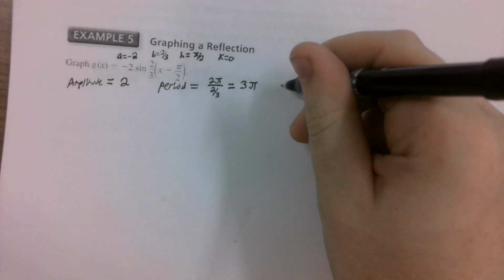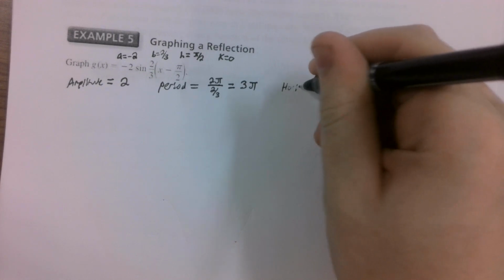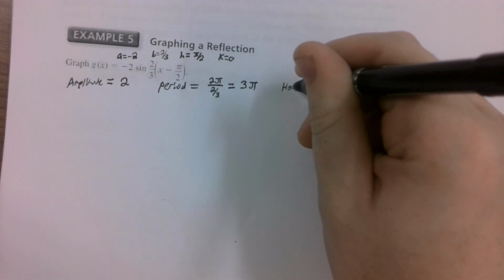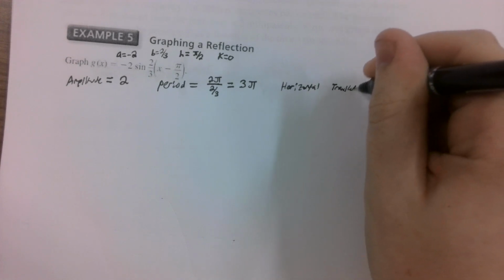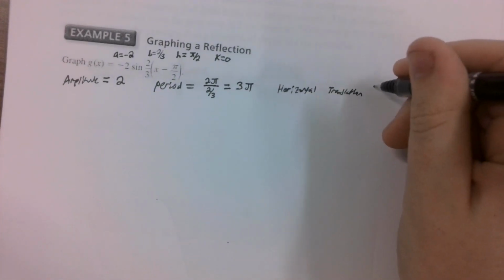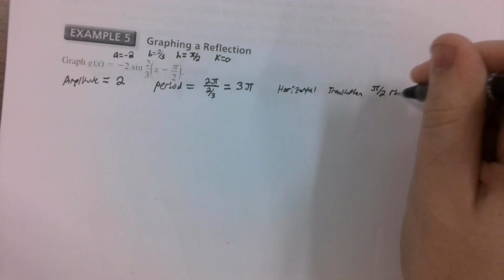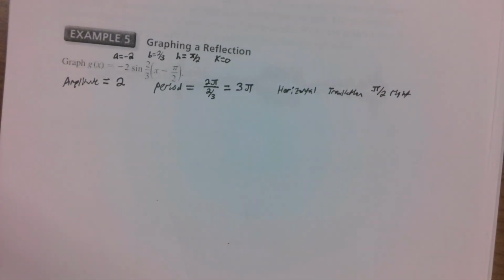Our horizontal shift, we have a horizontal phase shift, or a translation, pi over 2 to the right, and we don't have a vertical translation at all.